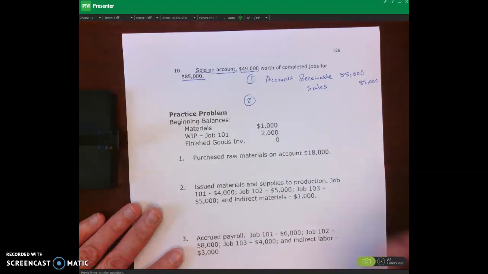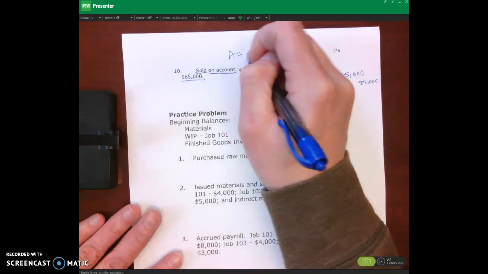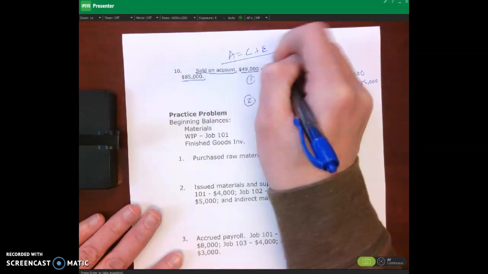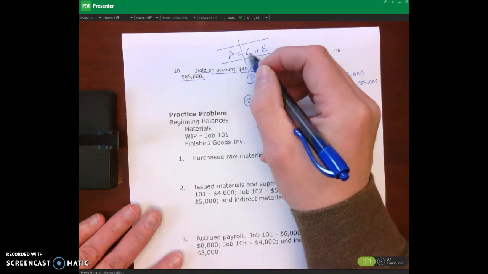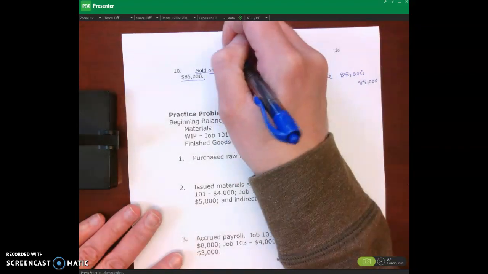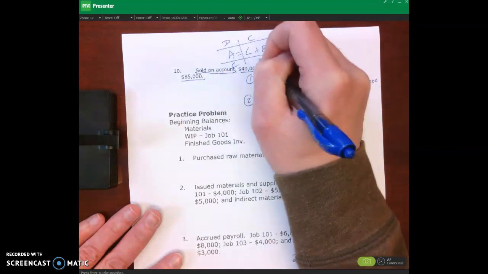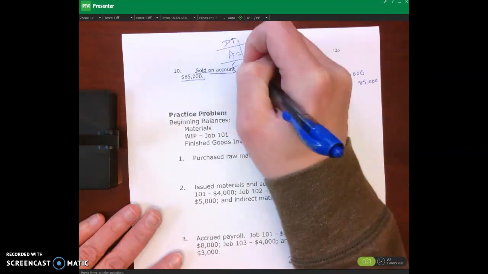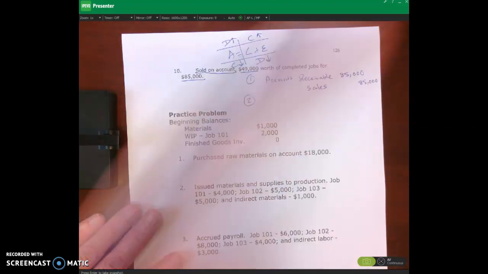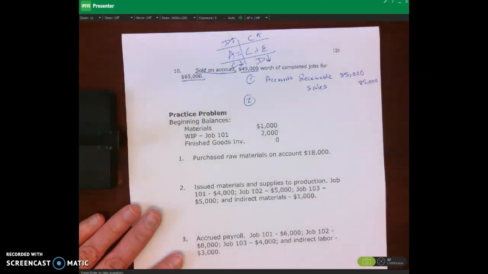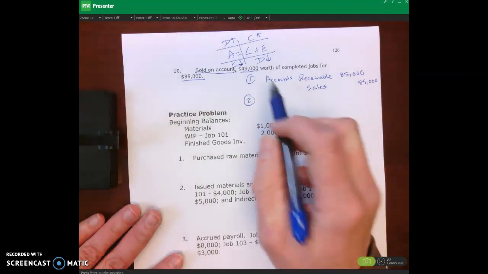Remember, when we think about the accounting equation, our assets equal our liabilities plus our equity, right? Those are the debits and credits overlaid on top of the accounting equation. Accounts receivable is an asset.